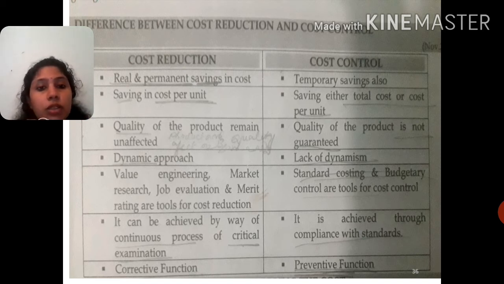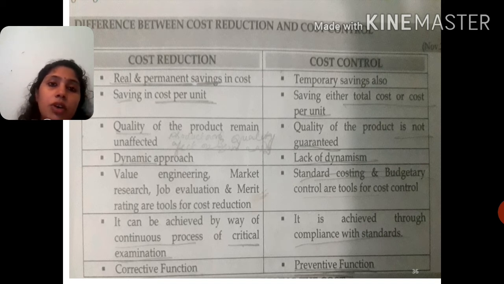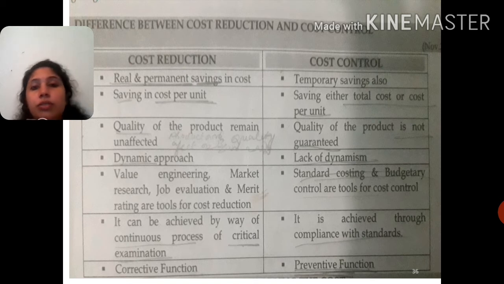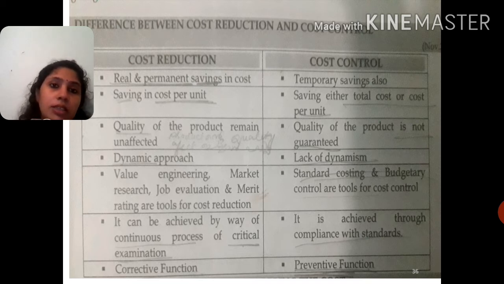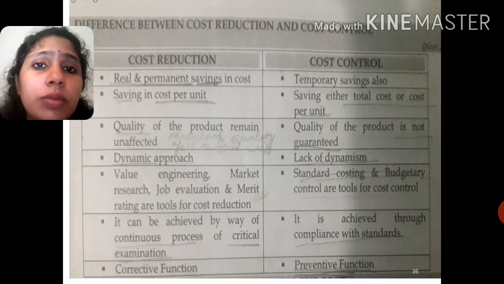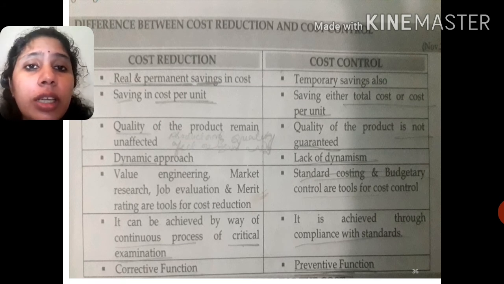Come to the next point. In case of cost reduction, it is a corrective function. In case of cost control, it is a preventive function. I said already that example. Based on these techniques, tools, our detailed study and our market research, etc., we can apply our observations to our cost reduction process.